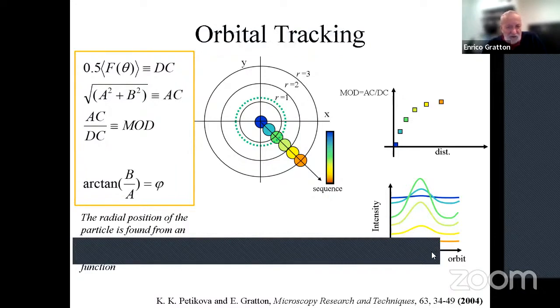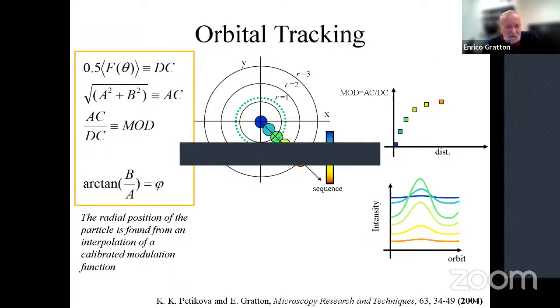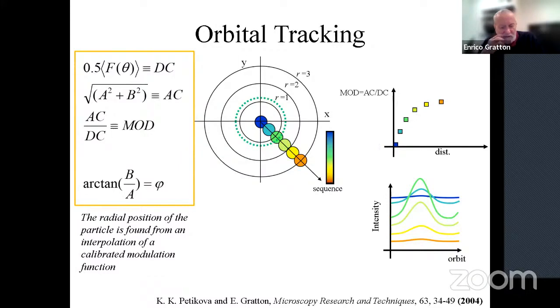And notice that the modulation cannot go higher than a given value. This is important because if we get that value of the modulation, we know where we are. We know the distance, which is given by the modulation, and we know the angle, which is given by the phase. So if we measure the phase of the orbit as we orbit around the particle, and the modulation, we can tell everything about the position of the particle. And so this is the method. So next slide.